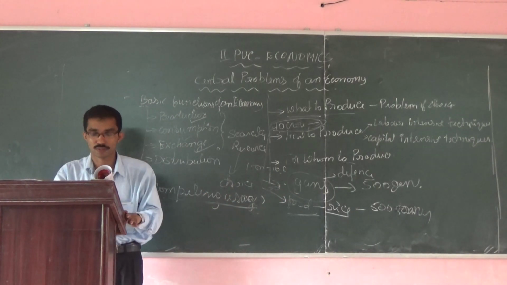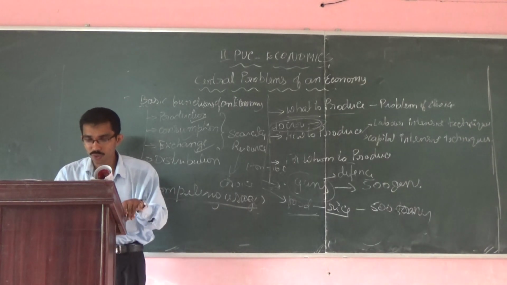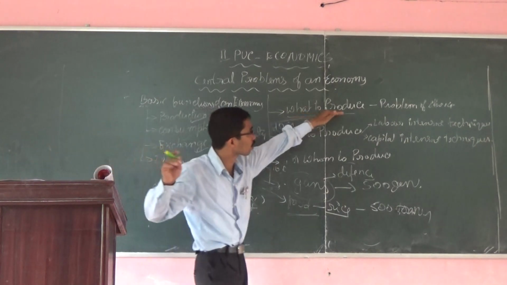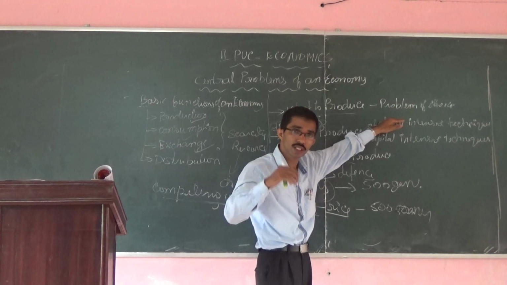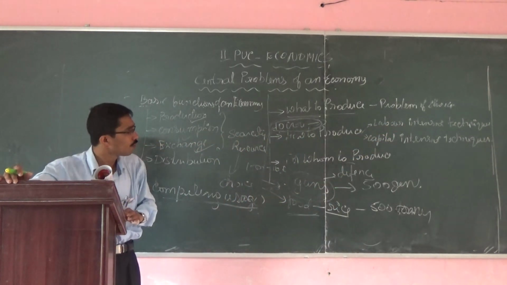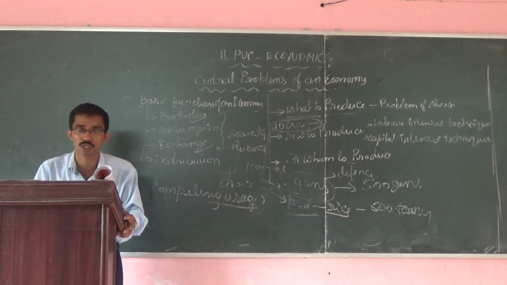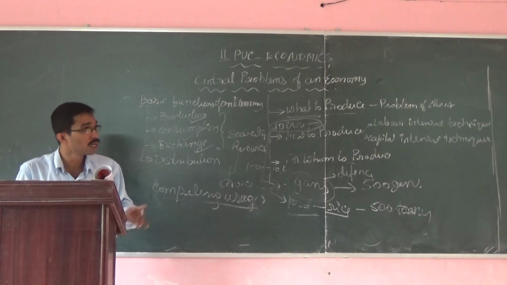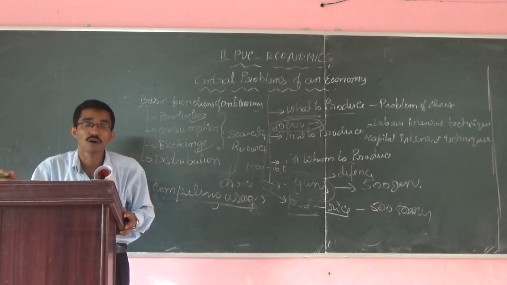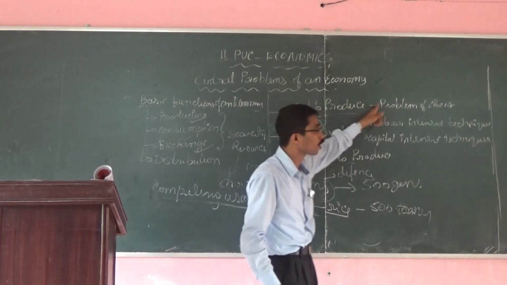Then you see what goods can be produced, and your decision is the problem of choice: which one is most suitable at present, which one is the next best alternative, which one is selected, and which one is foregone or sacrificed. First of all, what to produce, the problem of choice.